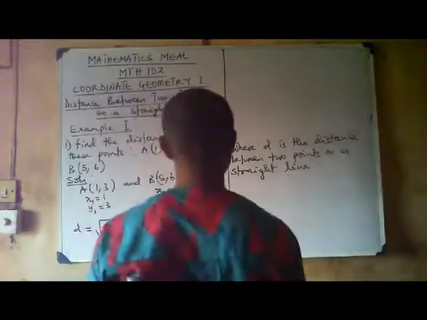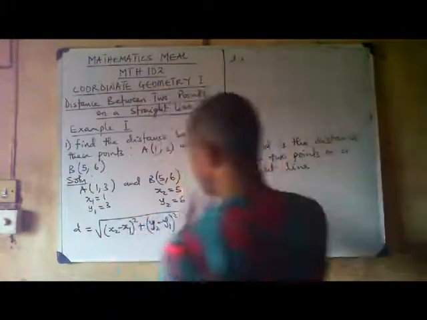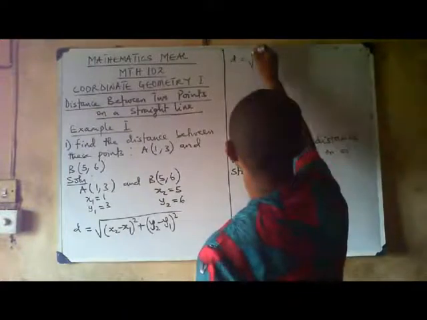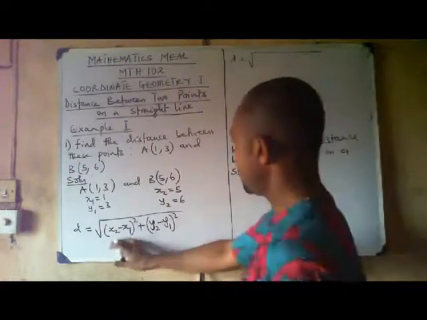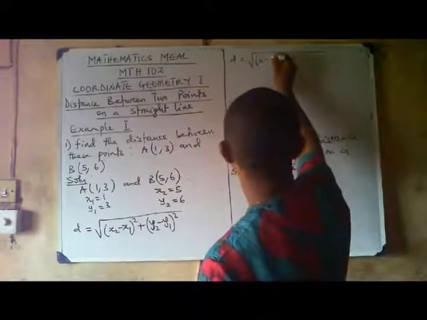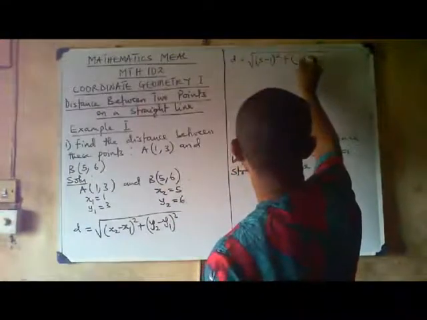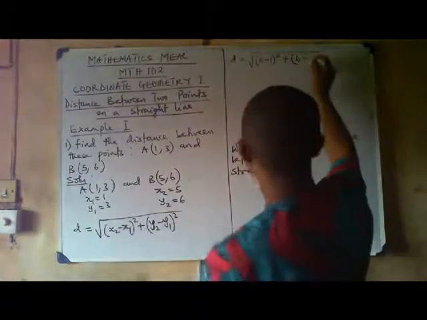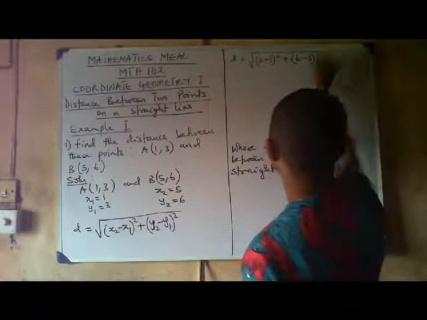So we now substitute. If we substitute, what will d be? d will be the square root of, what is x2? x2 is 5. 5 minus 1, that's x1, all squared, plus, what is y2? 6 minus y1, which is 3, all squared.